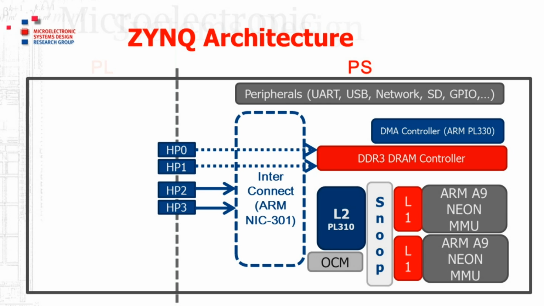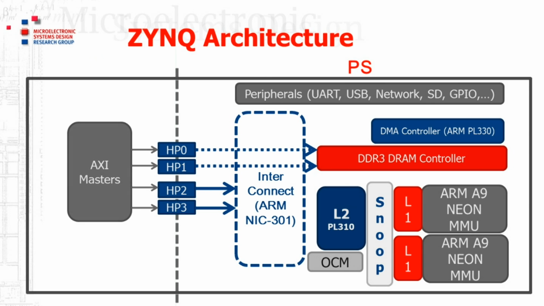Then, through this interconnect, we have a set of AXI interfaces that provide the required interface for the logic residing in the programmable logic part, the FPGA part, to talk and to transfer data to the programmable system. Here, what I am showing you are 4 high-performance AXI slave interfaces.